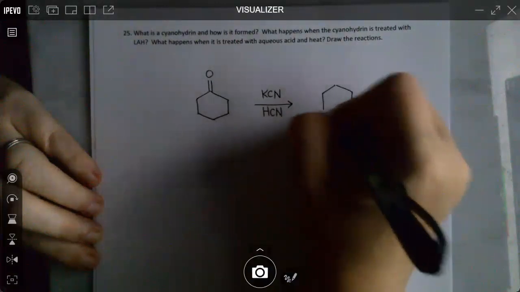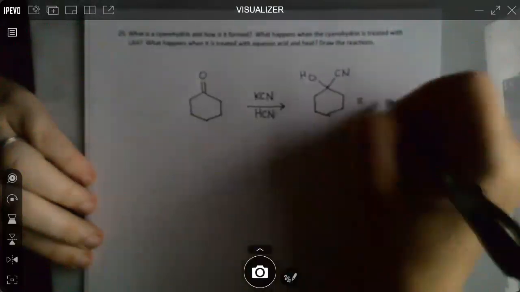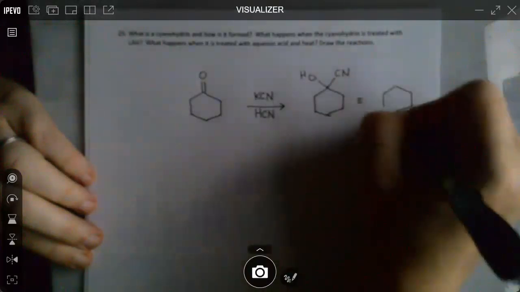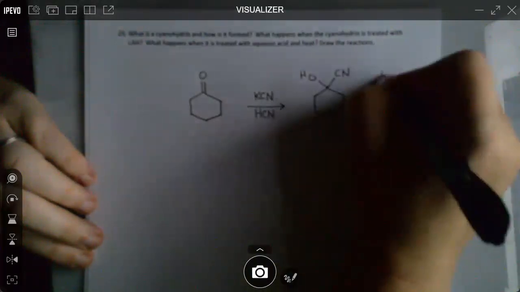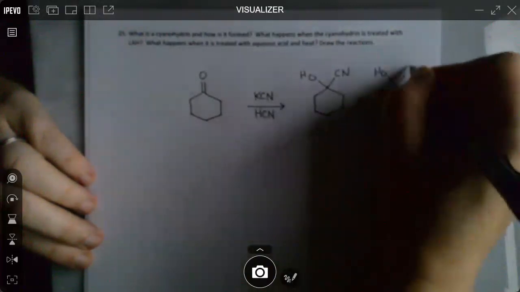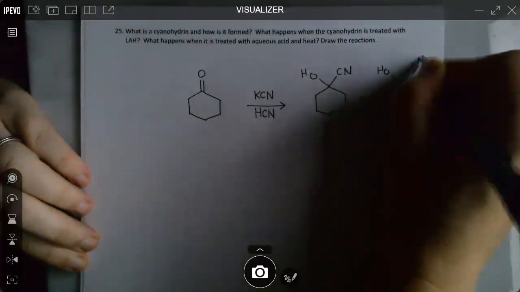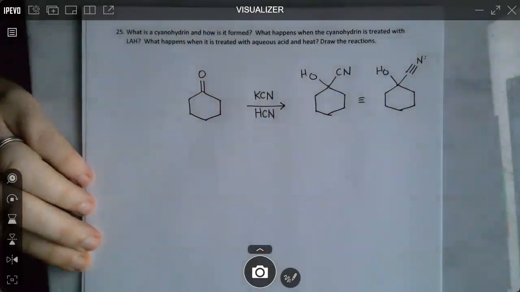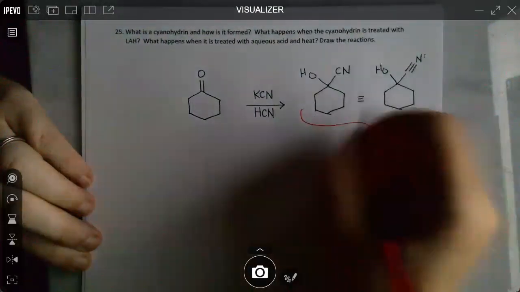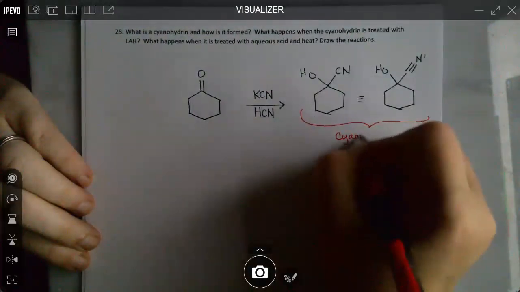And we get what's known as a cyanohydrin, which could be abbreviated like this, or you could draw this out, and draw in the triple bond here. So you either draw it the abbreviated way or the non-abbreviated way, right? So this is called a cyanohydrin.